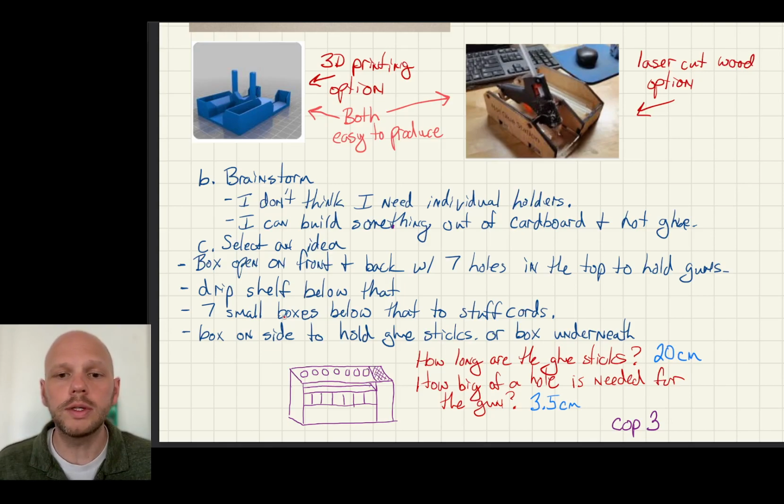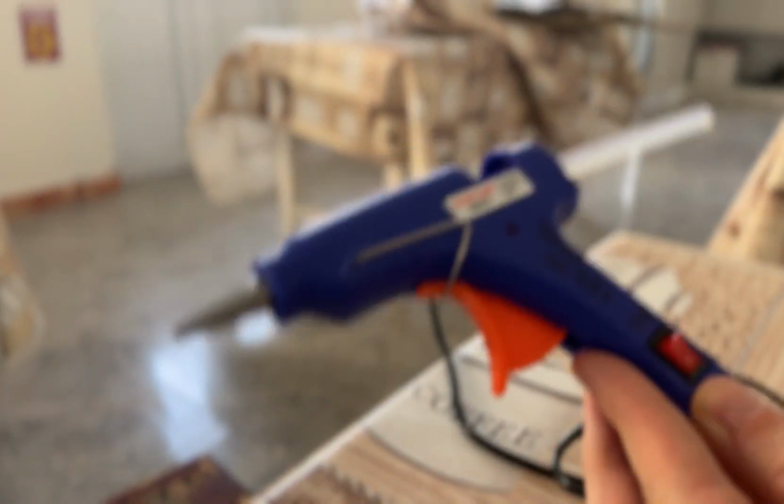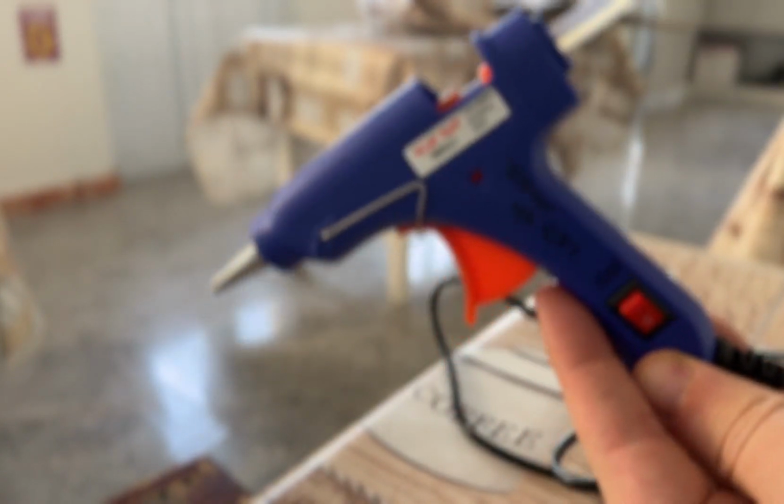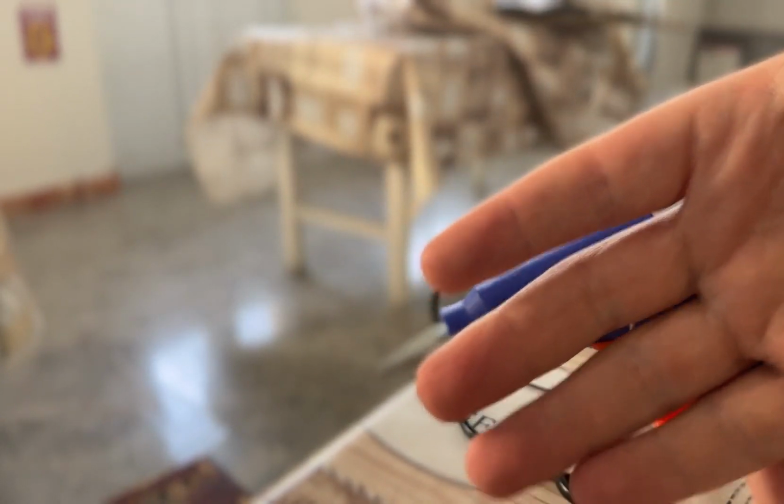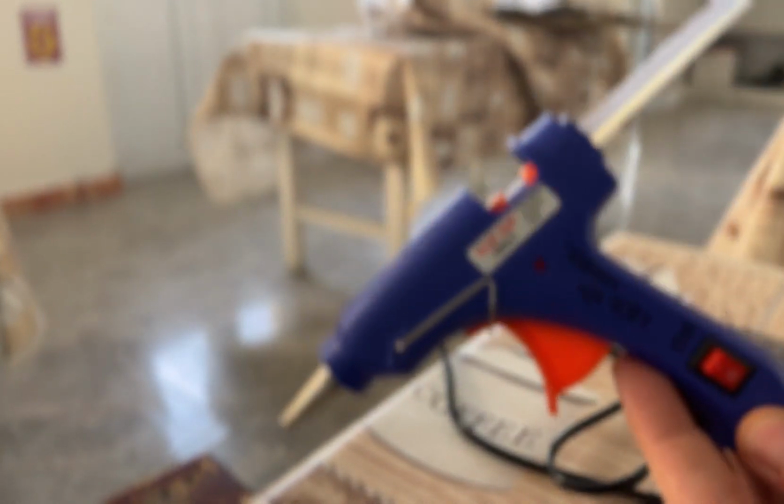How big of a hole is needed for the glue gun? And the way that I did this is I just took my glue gun and, come on, focus camera. And there we go.